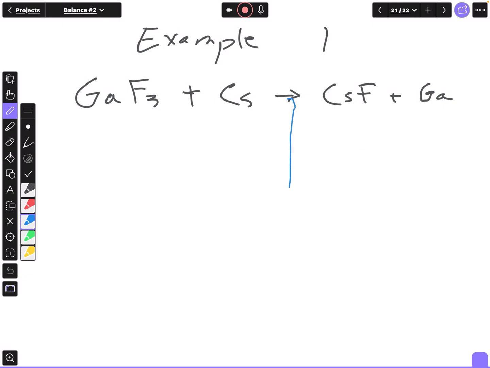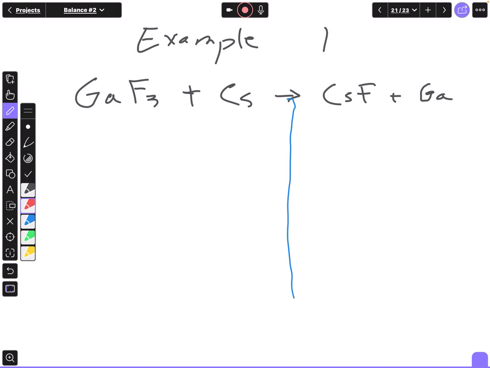So if I draw my line down through here, and then I write down each element that makes up this reaction. I have gallium fluoride plus cesium produces cesium fluoride plus gallium. Before I even start, I can identify what type of reaction this is.